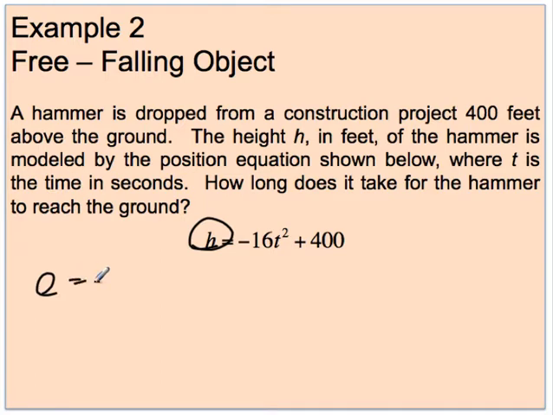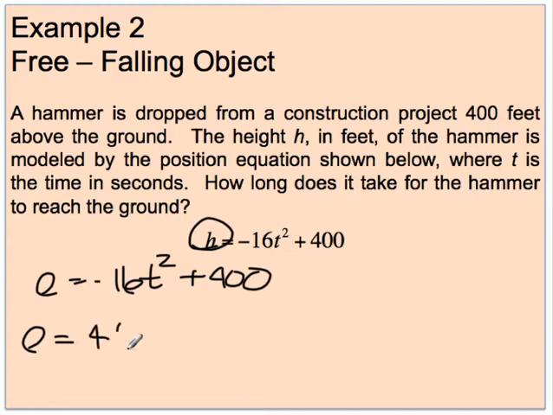So 0 equals negative 16 t squared plus 400. Now I can tell that a 4 can come out of both of these. So I'm going to say that this is 0, and I'm going to factor out a 4. So I have 4 times negative 4t squared plus 100.